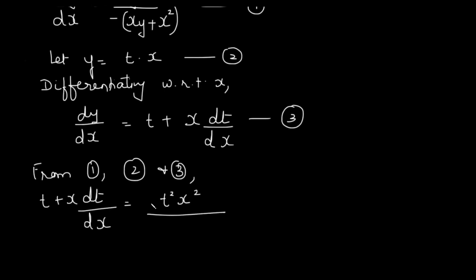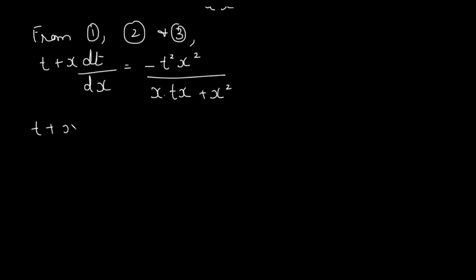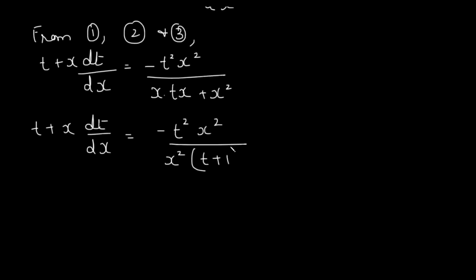So the RHS of equation 1 now becomes, instead of y square we write t square x square upon xy. There is a minus sign, this minus sign can be taken to the numerator, and xy is written as x into tx, y is tx, remember, plus x square. Thus now we get t plus x dt upon dx is equal to minus t square x square upon, now x into x is x square, there is an x square term here also, so we take the x square common, x square into t plus 1.